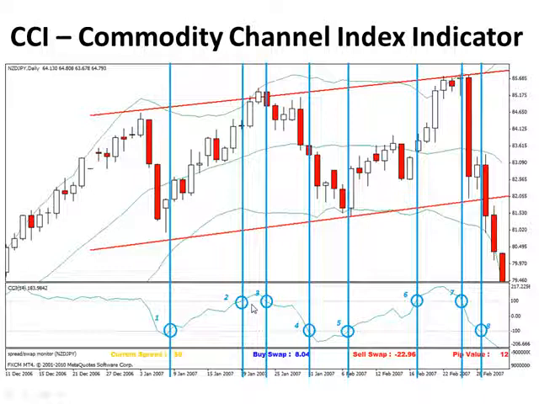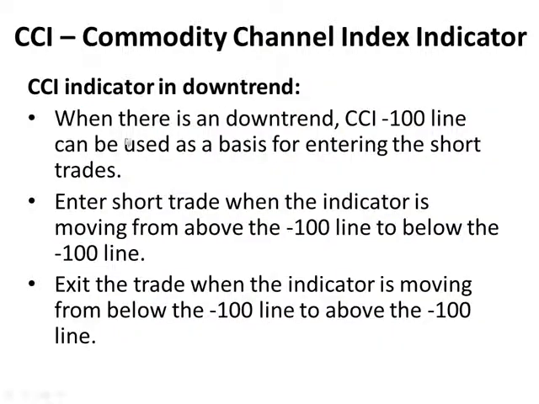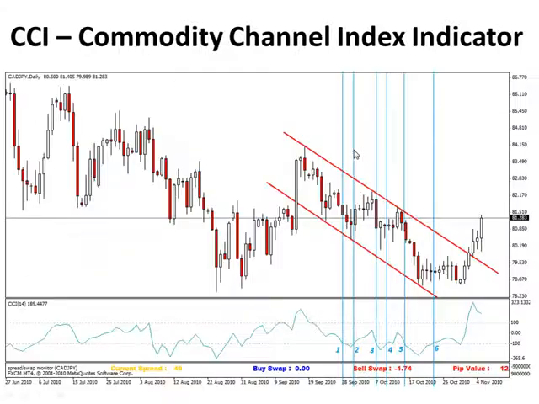In a trending market, you should not use this indicator as an oversold or overbought indicator. So how to use the CCI indicator in a trending market? Let's say the trend is downwards, that means it's a downtrend, and when there is a downtrend, the CCI -100 line can be used as a basis for short trades.